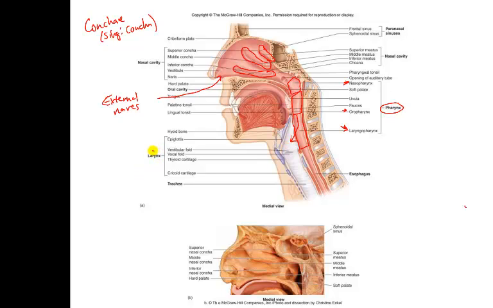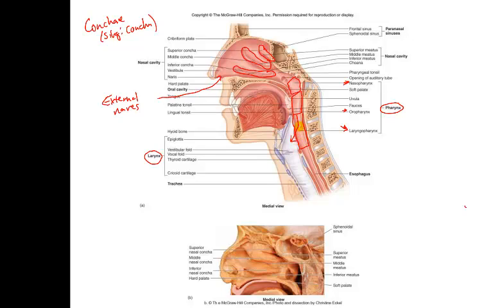So the larynx then is the structure that basically is the entry point to the region that should be purely air. It's the entryway to the lower part of the respiratory tract. Normally, nothing but air should ever go through the larynx, and in fact, we'll see it's sort of designed to block the passage of ingested material into the respiratory tract.